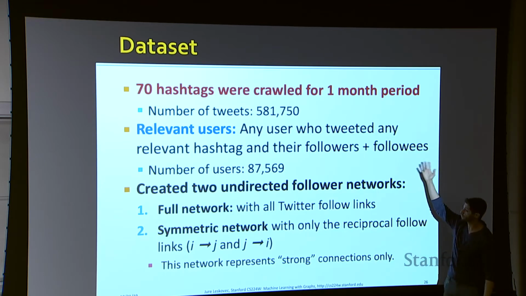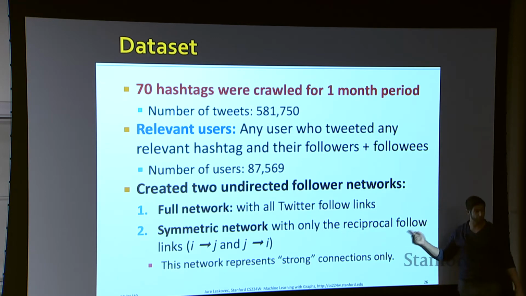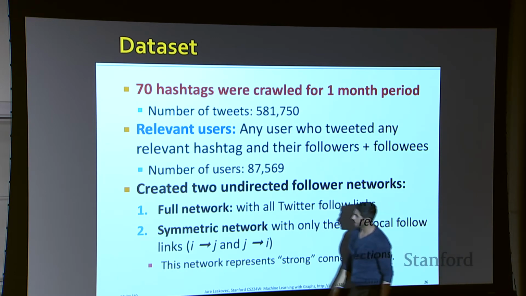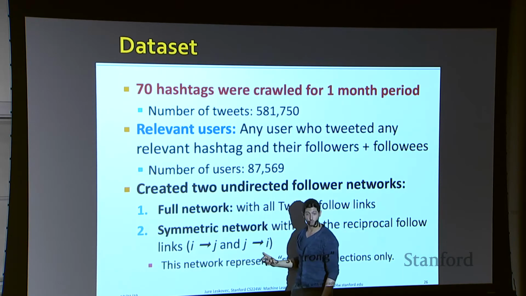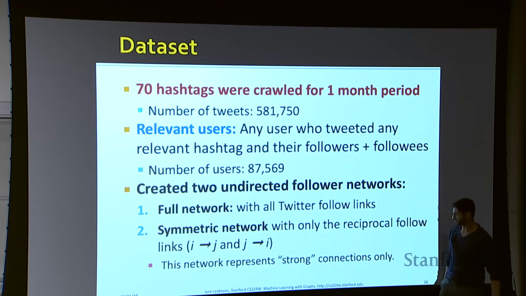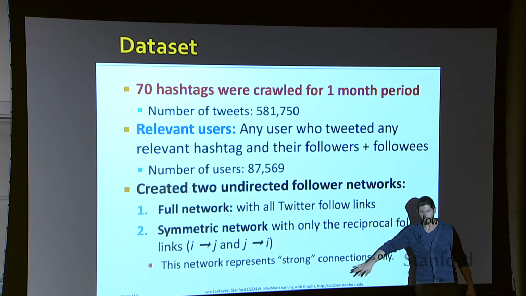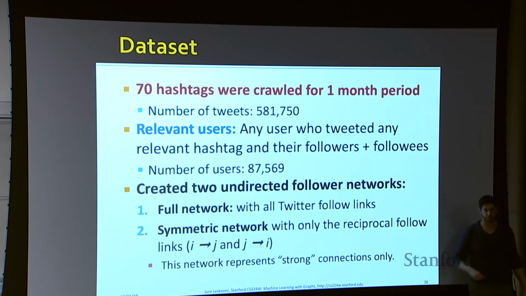I told you that Twitter is inherently asymmetric, but what you can do is keep only the users that have a reciprocal follow, okay? So you have nodes i and j, you keep a link only if i is following j and j is following i, okay? And out of this data set, you're building an undirected graph. These are basically the strong connections. We're going to see why having these two different graphs is interesting, because they play a role later on in the analysis, okay?